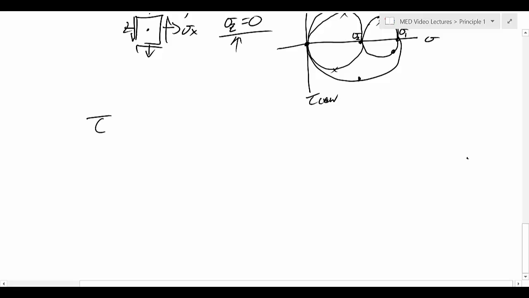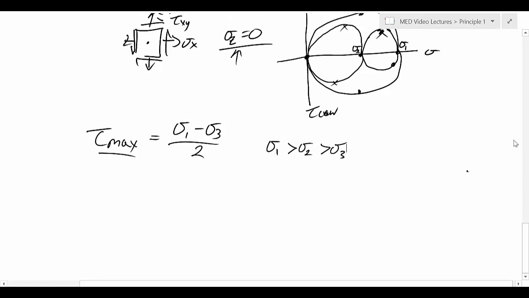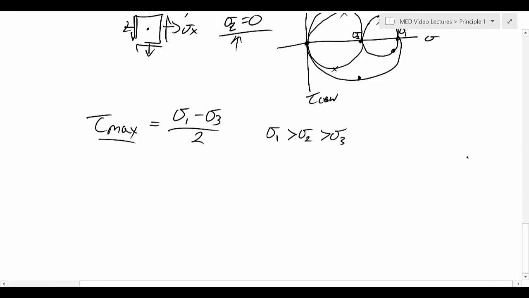So the absolute maximum shear stress, the one that we care about for our failure theories, is going to be the difference sigma 1 minus sigma 3 over 2, as long as we orient our sigmas, and this is just our principal stresses, this is standardized, so that sigma 1 is greater than sigma 2, which is greater than sigma 3. All right, so that's how we find the absolute maximum.